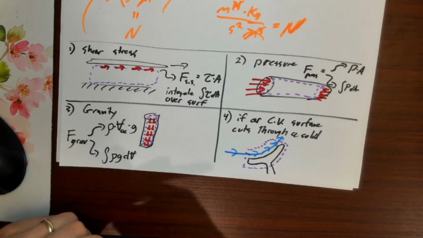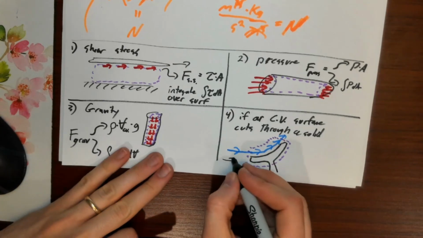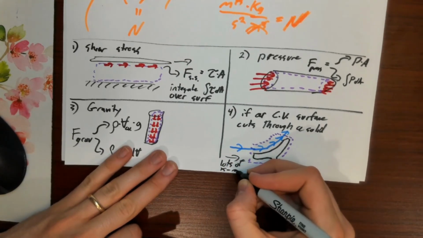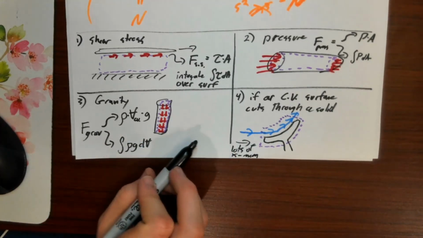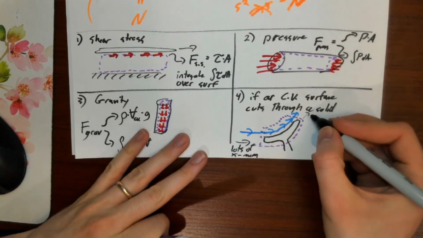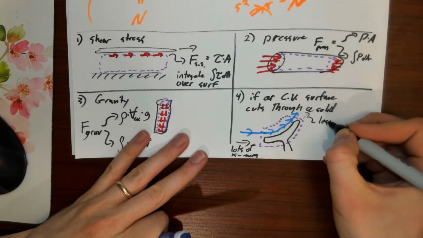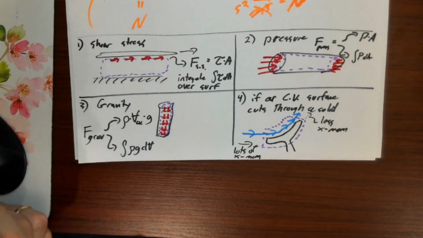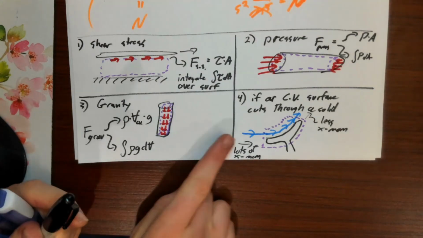So in this case I have lots of x momentum entering, and here I have less x momentum exiting than I had entering.